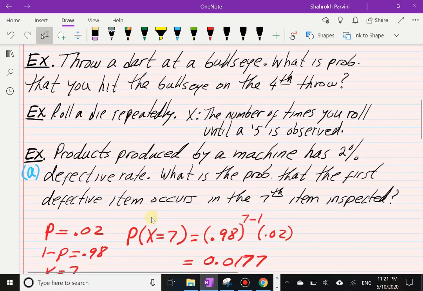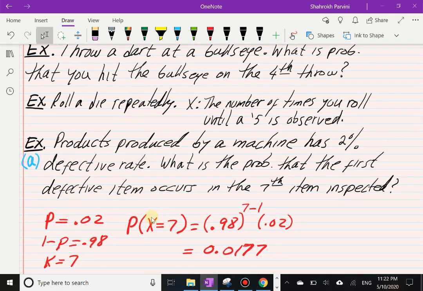So the probability of success is 0.02, and 1 minus that would be 0.98. The probability that x equals 7 is what we want to know. So 0.98 is the probability that there is no defective. Notice 7 minus 1 is 6. That means the first 6 must not be defective. So you multiply 0.98 by 0.98 by 0.98, and the way that's done is due to independence of these trials, multiplying them, that is.